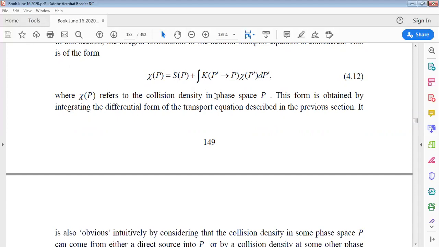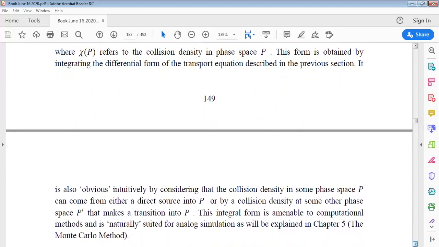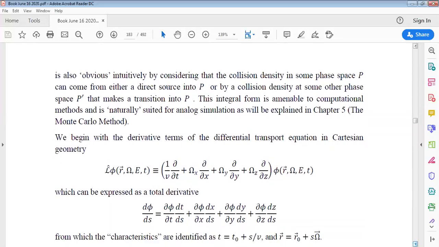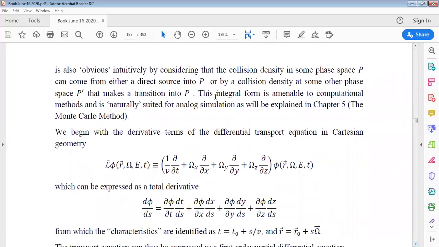Now, this form is obtained by carrying out an integration of the PDE of the transport equation. Remember, the transport equation that you saw was an integro-differential equation, so it's already got one integral on the right hand side.